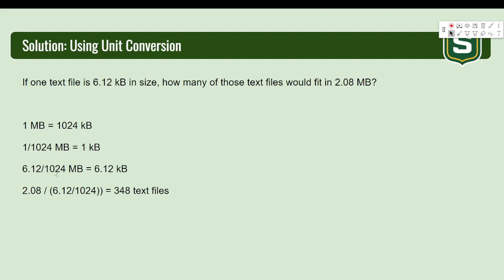This one is a little hard to do without a calculator, but you could once again use that 1000 base to help here. On this side, 6.12 divided by 1000, I know you need to divide by that, so we have to move our decimal 3 places to the left, giving 0.00612.